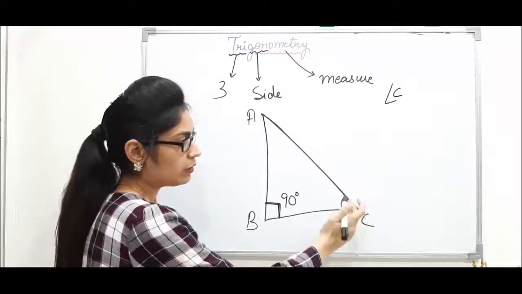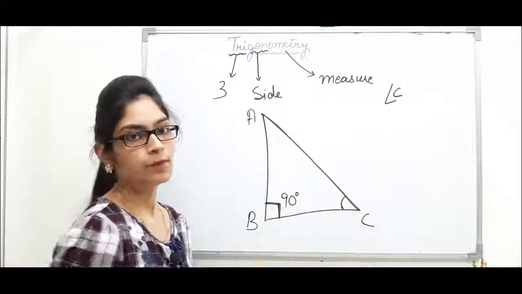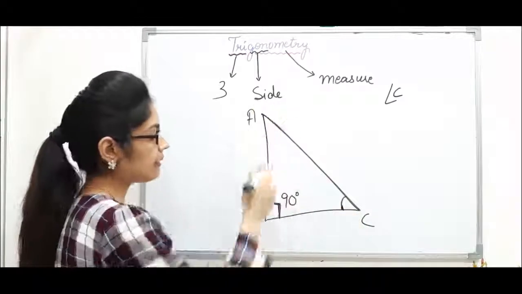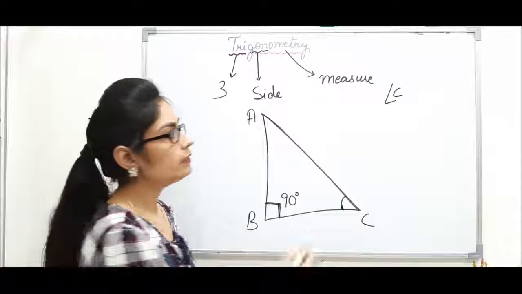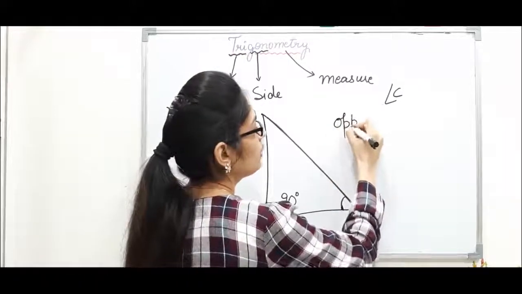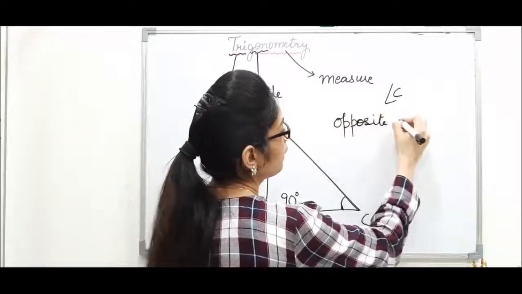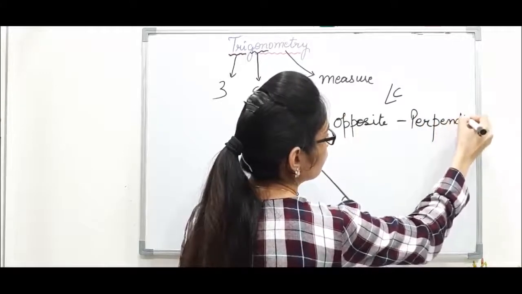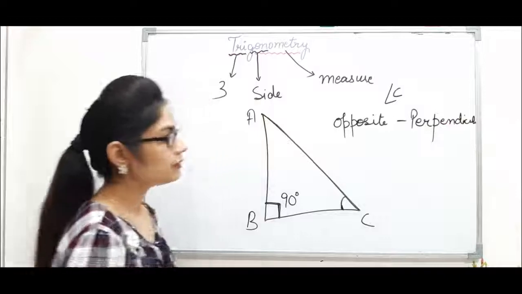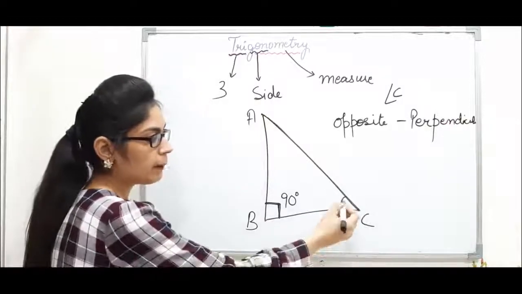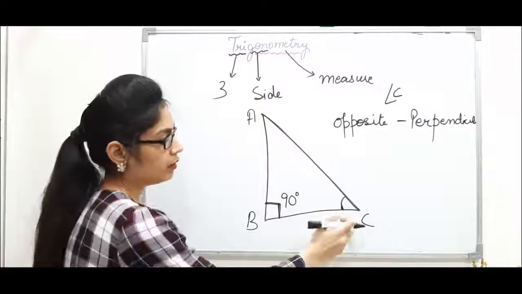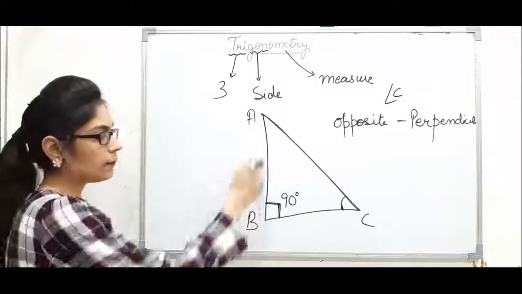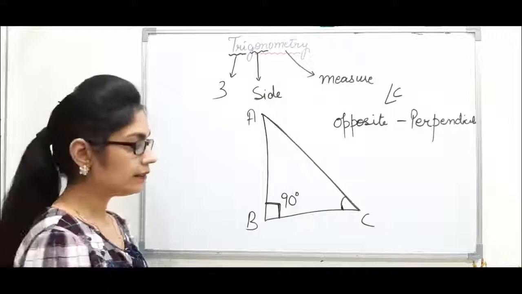So this is angle C, you just have to see the opposite side. The opposite side of angle C is AB. Opposite sides will always be the perpendicular. So opposite to angle C, you can see the AB side is there, so the AB side is the perpendicular in this case.